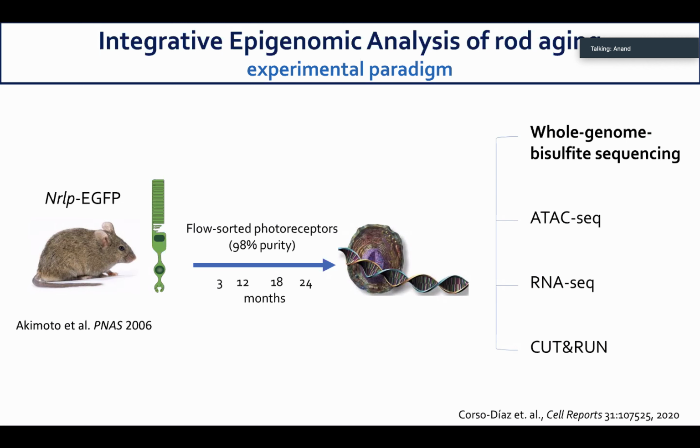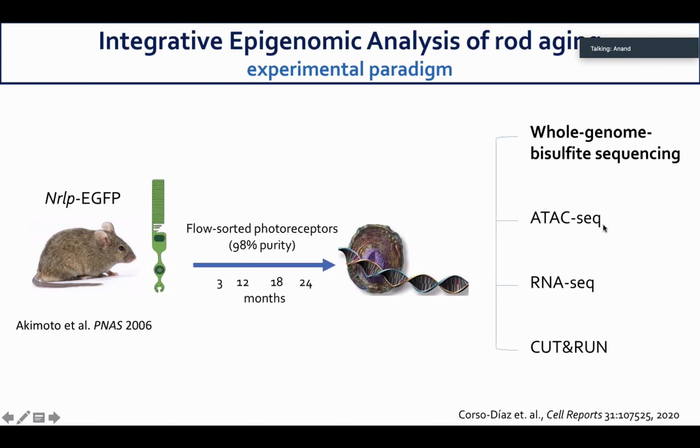And fortunately, a lot of people have been using a similar system with NRL-GFP mice, where the promoter of NRL is driving GFP, and you can purify rod photoreceptors at different ages of differentiation, and also we could do that for age. People have used it for a variety of things, but much of the work has been focused on early stages of development and maybe disease conditions.